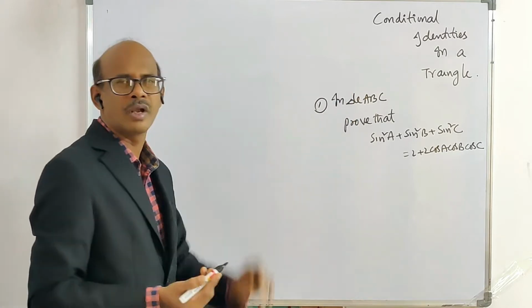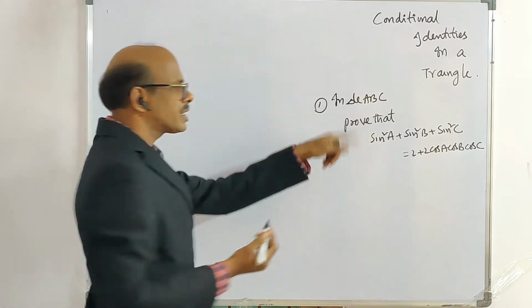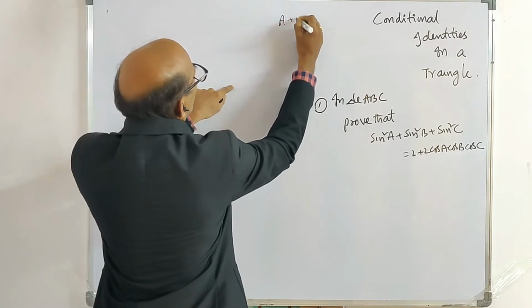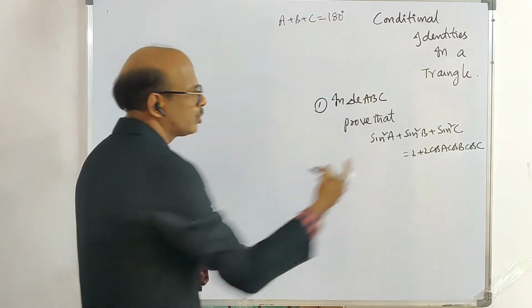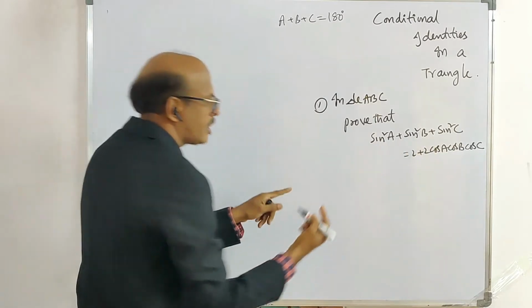This video is definitely useful. Here, in triangle ABC, A plus B plus C equals 180 degrees, and then we prove that the left hand side equals the right hand side.